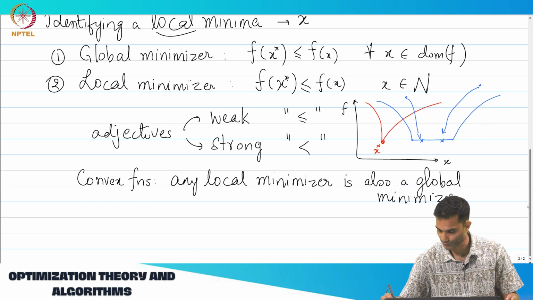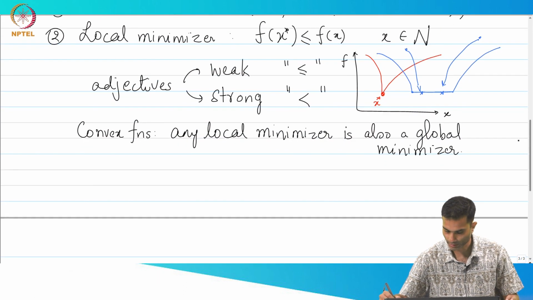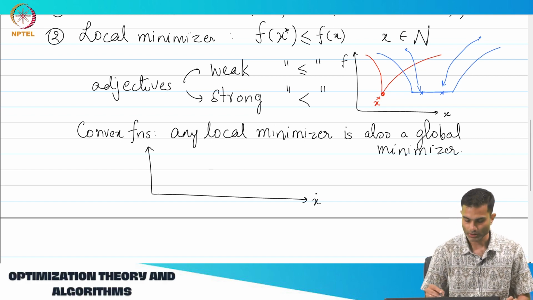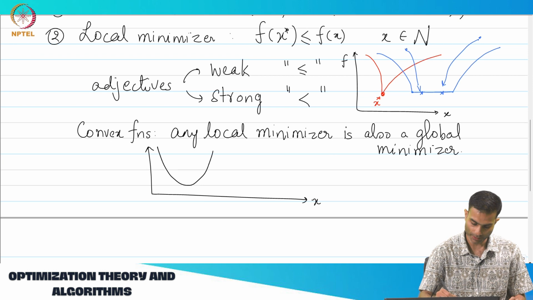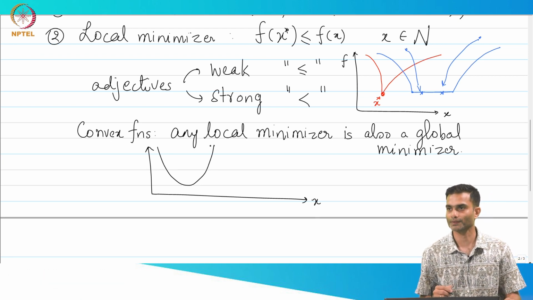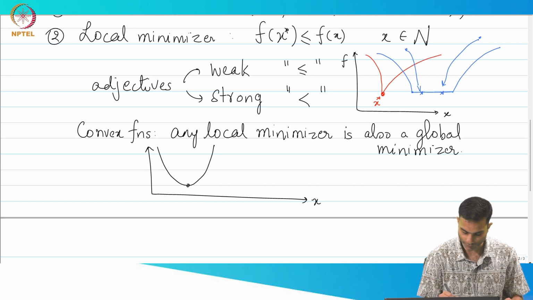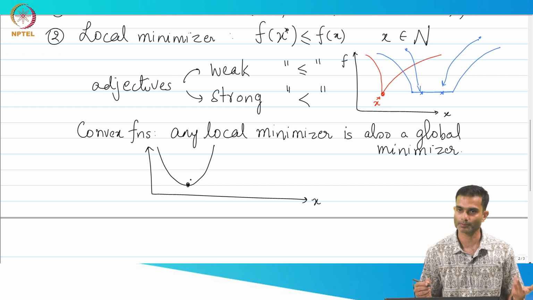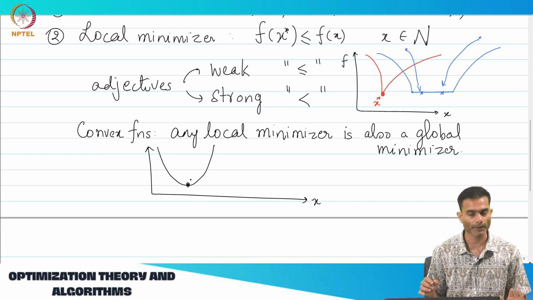So if you want to see an illustration of that in one dimension, that simply means this. Supposing I have a function of x, so a convex function will look something like this. That's how we've already spoken about what a convex function looks like. So therefore, if I find this, it's a local and a global minimizer both, right? I'm done, the problem is over, right?